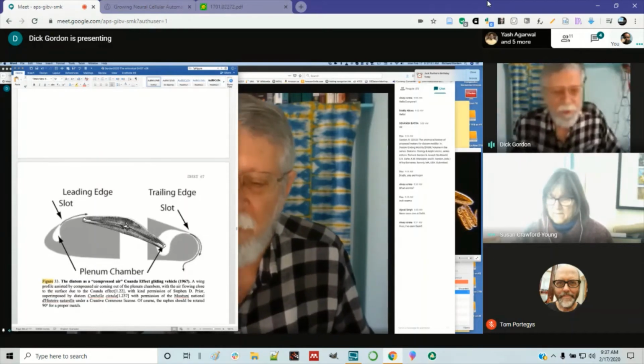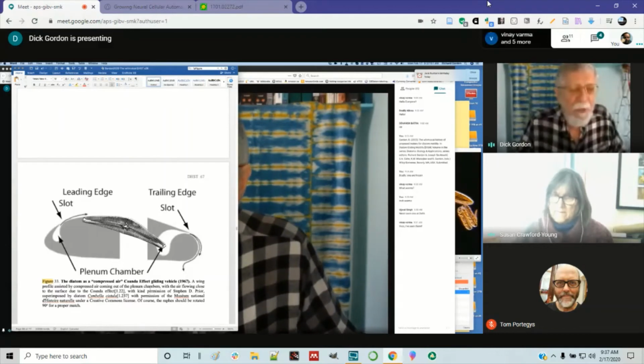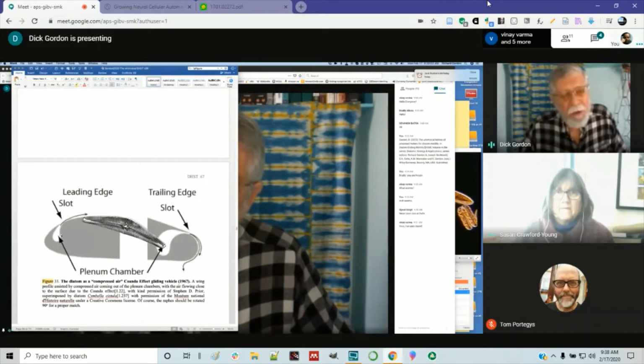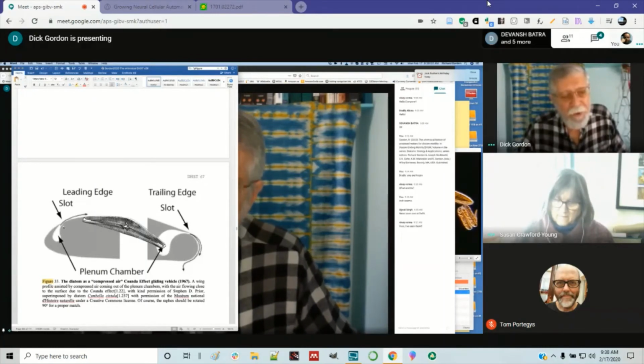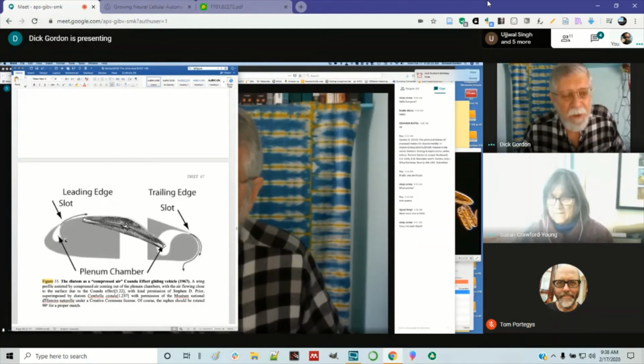Okay, next one. Ryan Drum proposed another model called the Coanda effect model. In this model, this is a cross section of an airplane wing, a gray section here, and if you have compressed air coming out of a wing, the compressed air will slide along the surface of the wing. That's the Coanda effect, and this creates additional lift and makes the airplane more efficient.